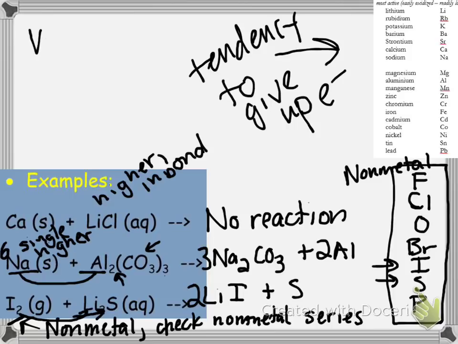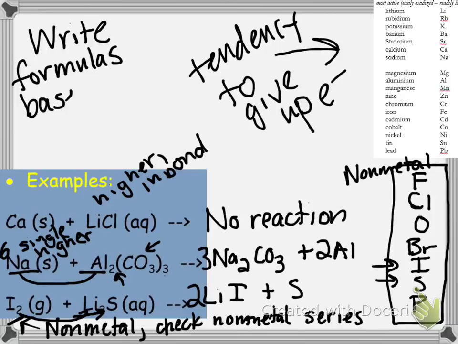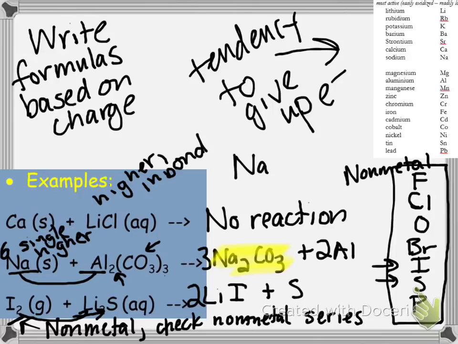Notice that when writing formulas, I have to write the formulas based on their correct charges. So for example, when I made the Na2CO3, the reason that I did it that way is because sodium is a +1 and the CO3 is a 2-.